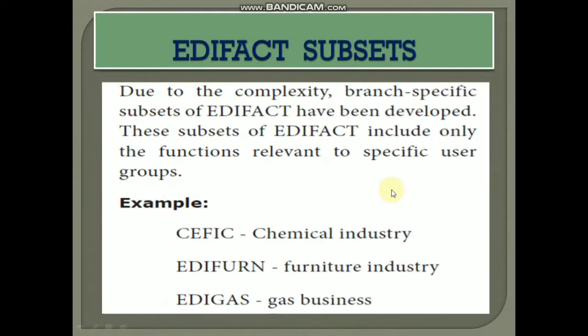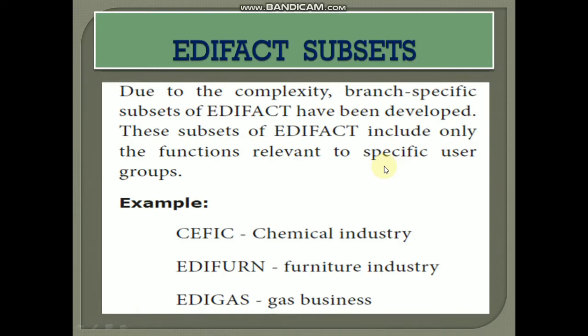Then what is an EDIFACT subset? Due to the complexity, branch-specific subsets of EDIFACT have been developed, and these subsets include only the functions relevant to a specific user group. So a subset is nothing but the protocols for the specific group who use them.